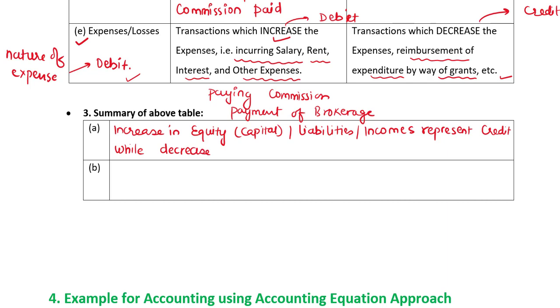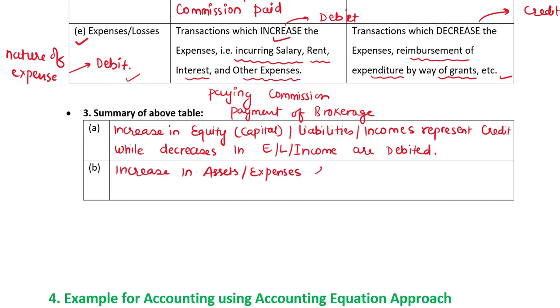While decrease in equity, liability, or income are debited. I believe you must have understood till here. The next one is increase in assets or increase in expenses represent what?